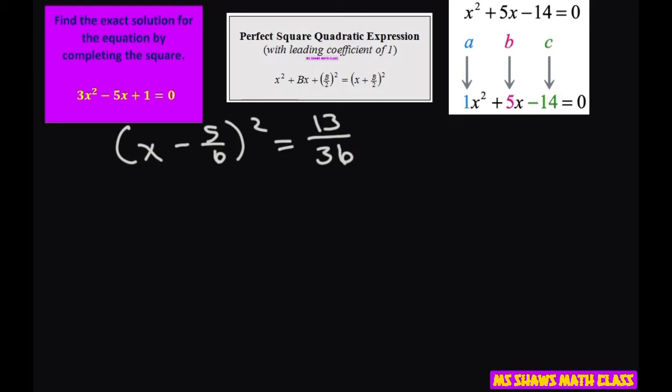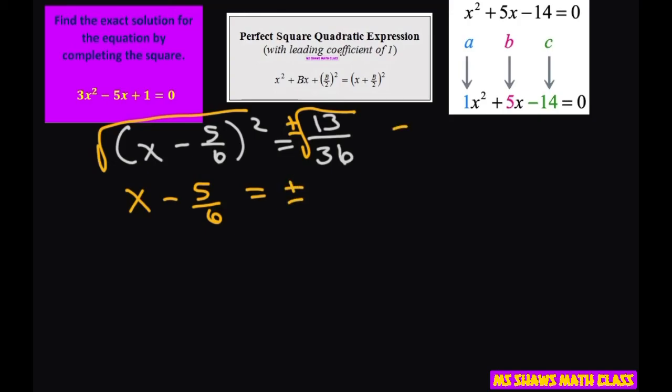Now, we can solve this. What we do is we take the square root of both sides, and don't forget your plus and minus. So this is going to be x minus 5/6 equals plus or minus.